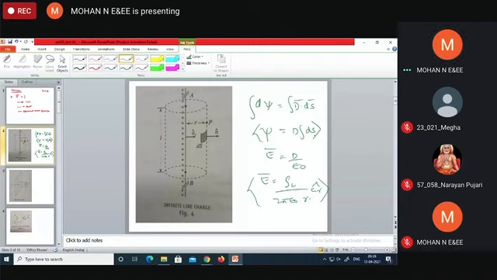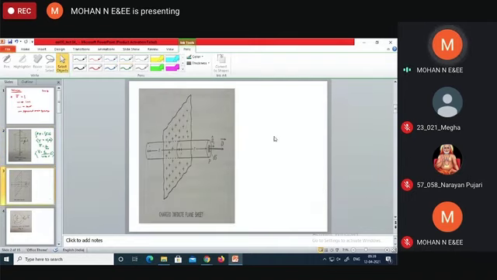Next, we have the infinite sheet of charge. Again, we have assumed a cylinder, a right circular cylindrical surface with both ends closed, and I am interested in finding the electric field intensity at P. That P is at a distance of r from the sheet of charge, and this is a planar symmetry.